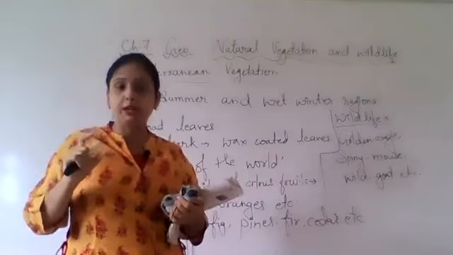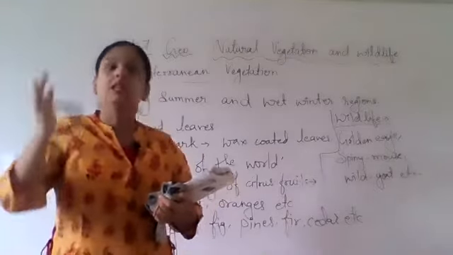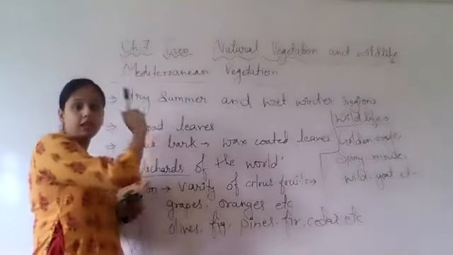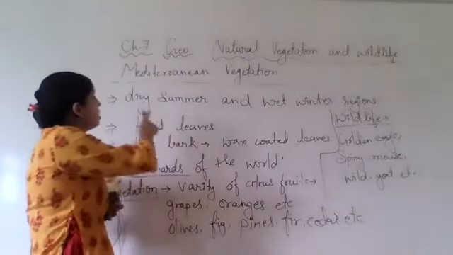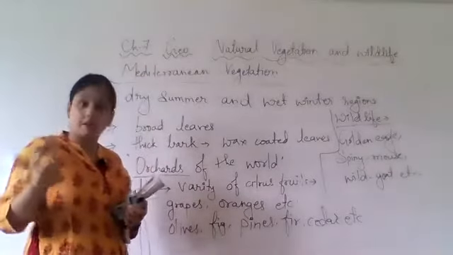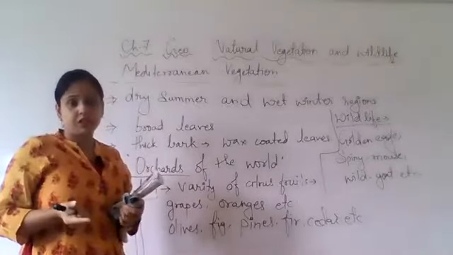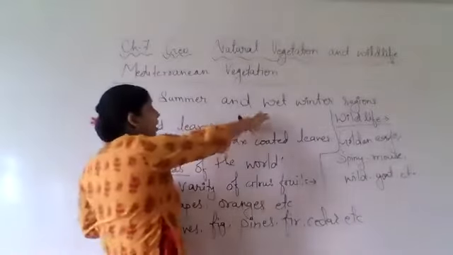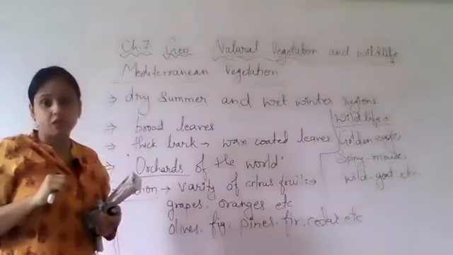That kind of quality the water plants have. The same quality the Mediterranean forest plants and trees have. They have wax-coated leaves because they grow in the wet winter regions. Okay.